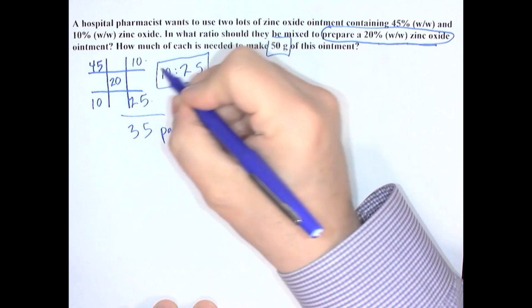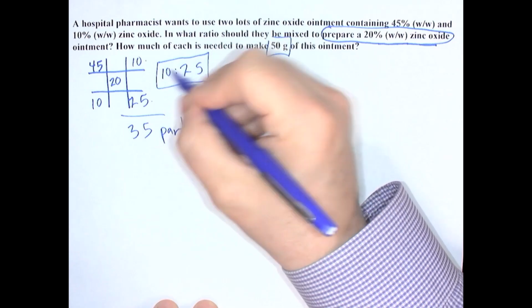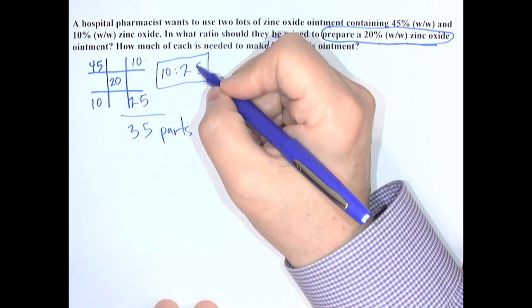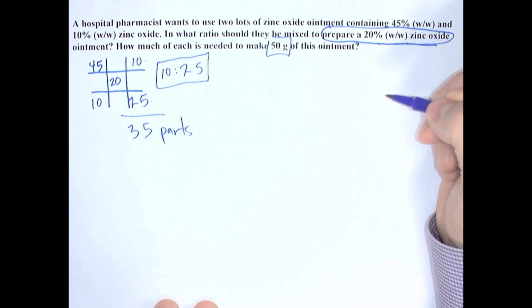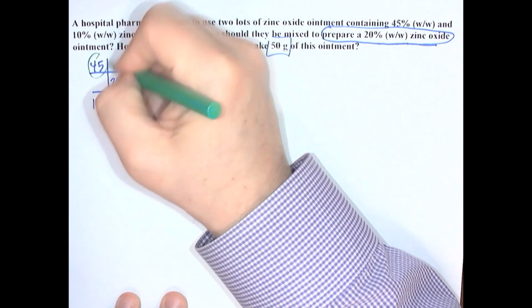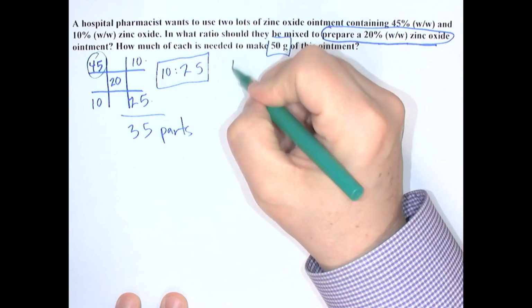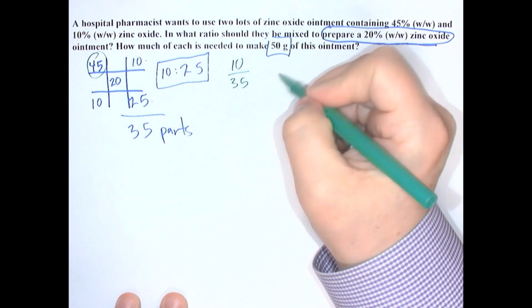Now, it should be noted, if you did reduce this ratio here, then that would change the total number of parts. But again, I'm just going to work with 10 and 25, which is a total of 35 parts. So let's see. So for the 45% concentration here, ointment with a 45% concentration, that would be 10 out of the 35 parts.